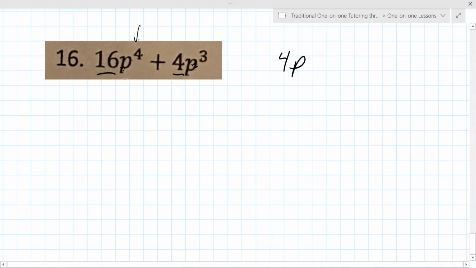What's the smaller exponent? Which is smaller, 4 or 3?